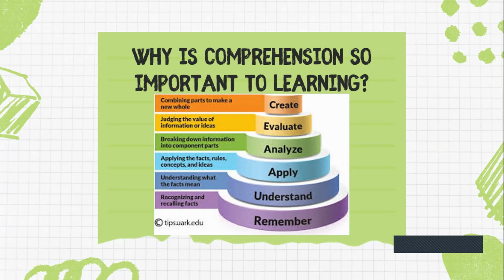For you to really understand what I meant when I said that if comprehension was high, then performance would be high in other areas. Because one of the skills that the 21st century learner must have is critical thinking. And how best can we teach critical thinking in our classrooms? It is through comprehension.